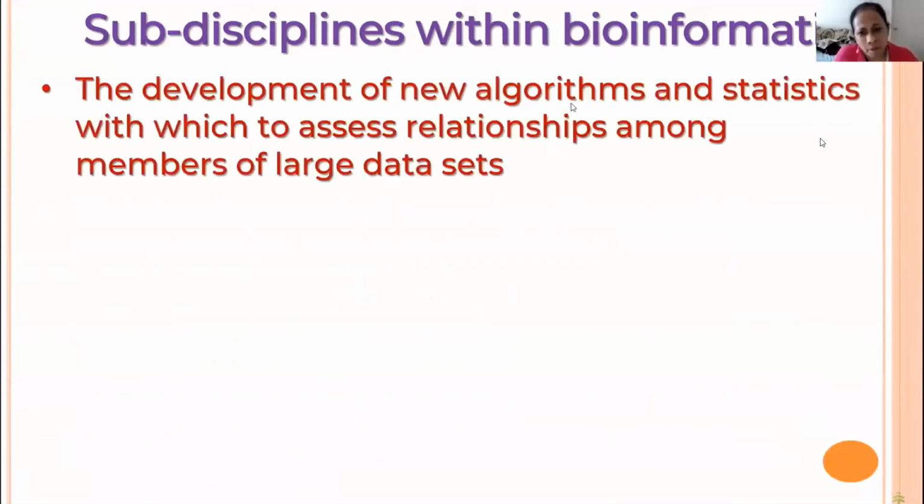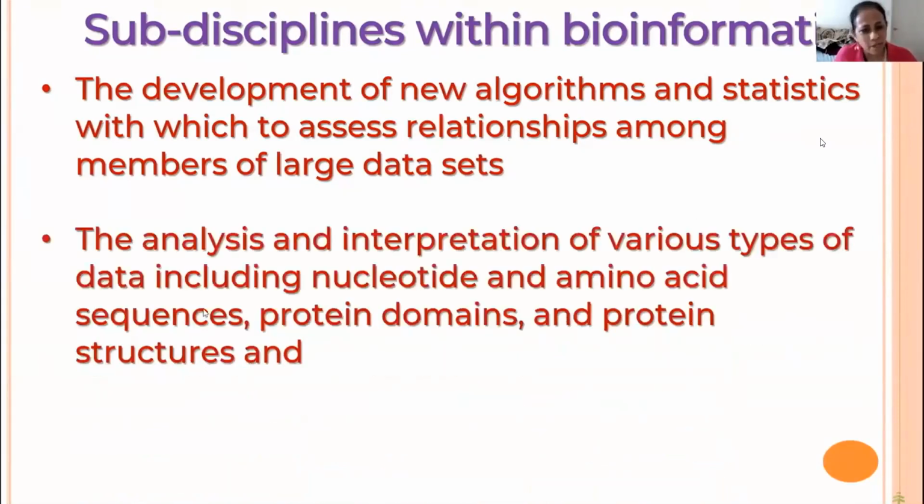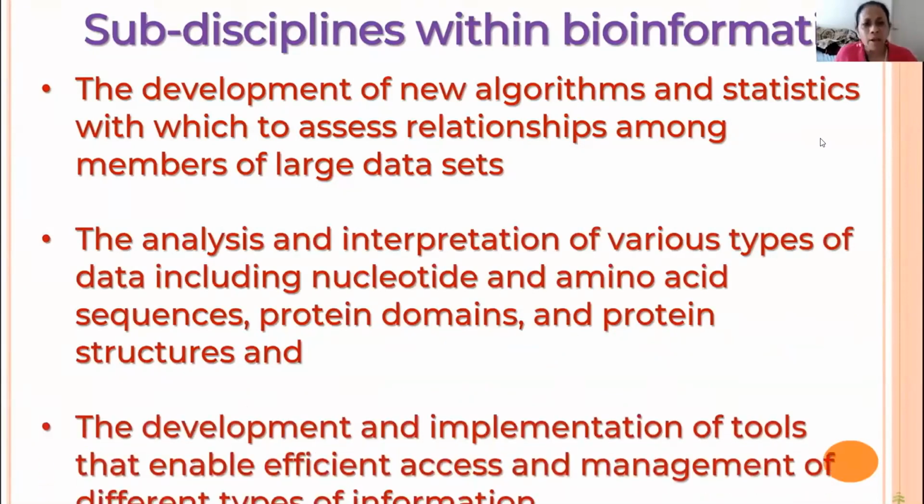So there is a development of new algorithms and you have statistics because the minute you talk about big data, you need statistics because you want to see if this one single mutation is actually statistically significant for us to say, yes, this particular mutation causes that particular disease, right? And then we have analysis and interpretation of various types of data, including nucleotides, amino acid sequences, protein domains, and protein structures, and how do we get structures to function, and all of those things.